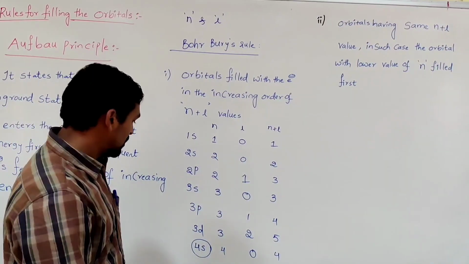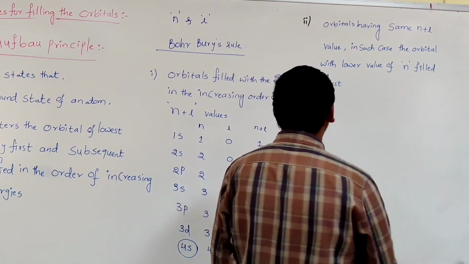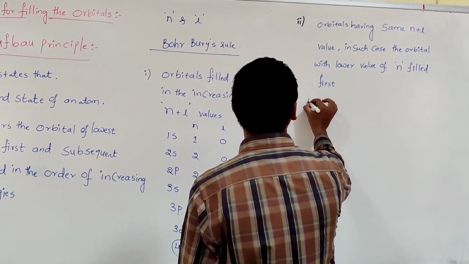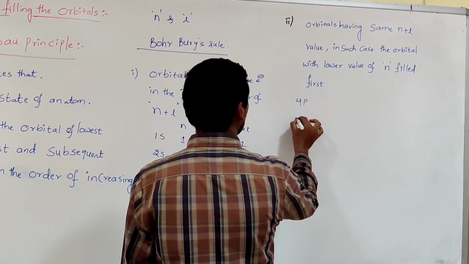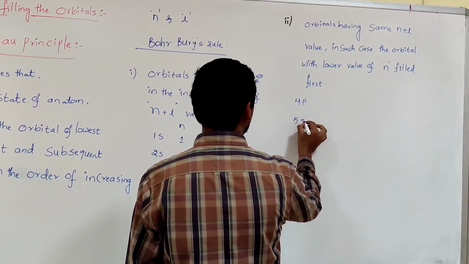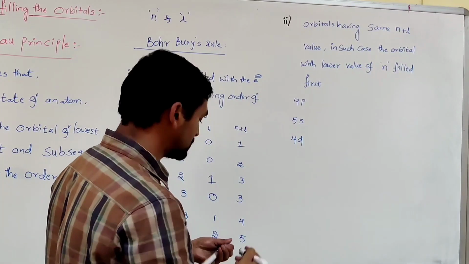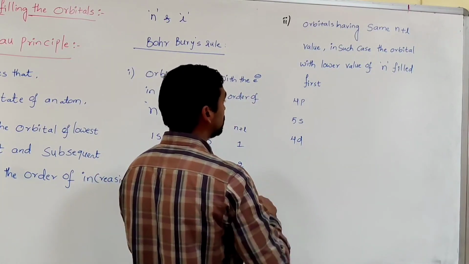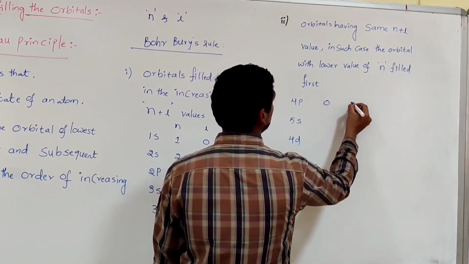Till now you can calculate it here: 4s. After that, 4p. Let us see some more orbitals we can check. 4p, then 5s, 4d, like that we can check. In which one does the electron go? See here, for 4p, n is equal to 4 and l is equal to 1.